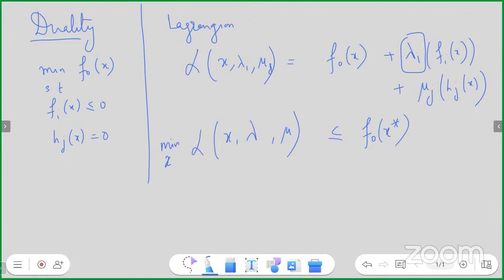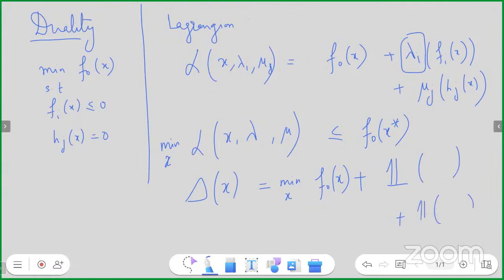So think about a new function, which is simply a function of x, which is minimize over x, f0 of x, or my notation is typically 1. So this is my indicator function. So can you put some indicator functions and say the solution here will be identical to the solution there? Fi of x less than or equal to 0.